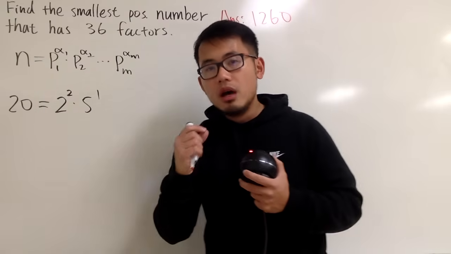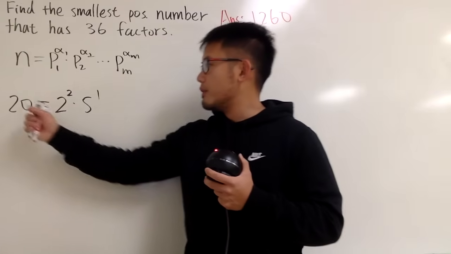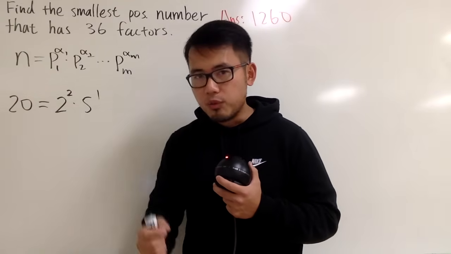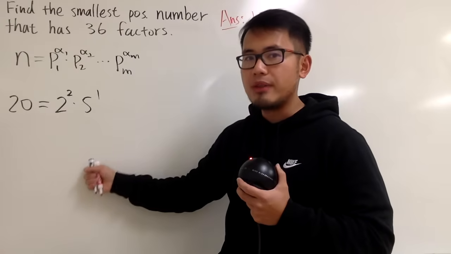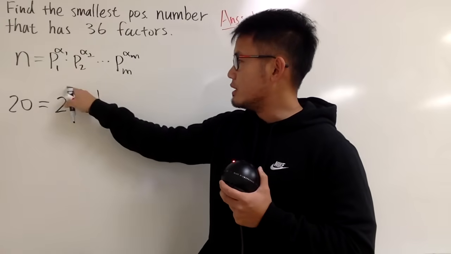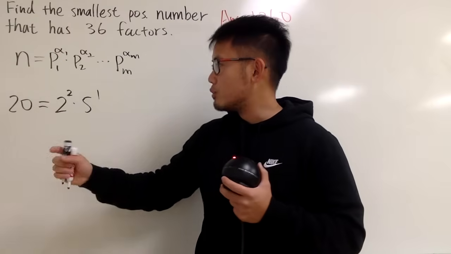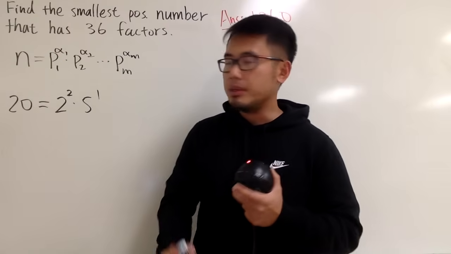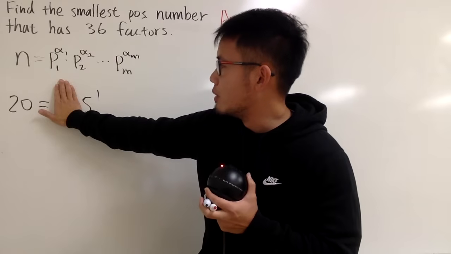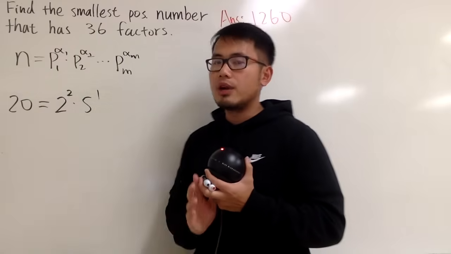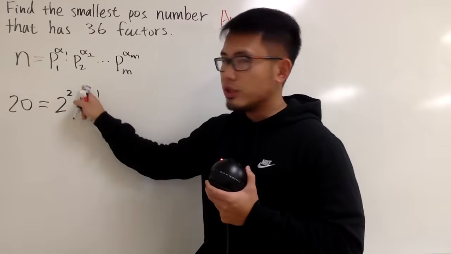Anyway, if you want to find the number of factors that 20 has, this is all we have to do. The factors of 20 have to be in the form of 2 to some power times 5 to some power. And you see, the power on the 2 can go from 0, 1, and 2. Because if you just ignore the 2, 5 is a factor of 20, right? So pay attention to the exponent.